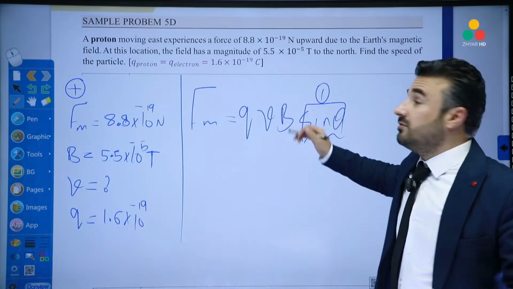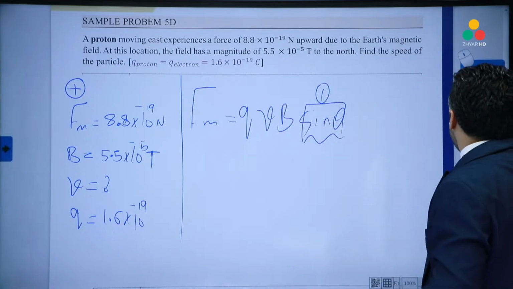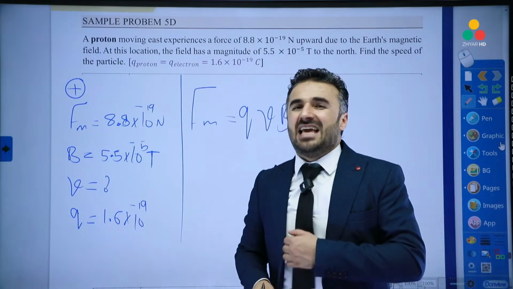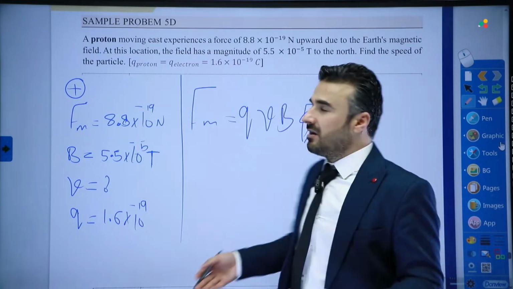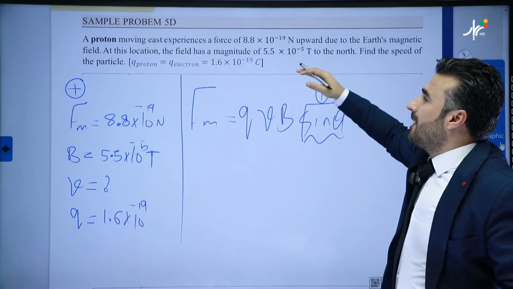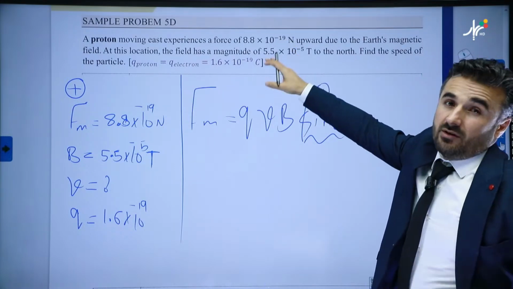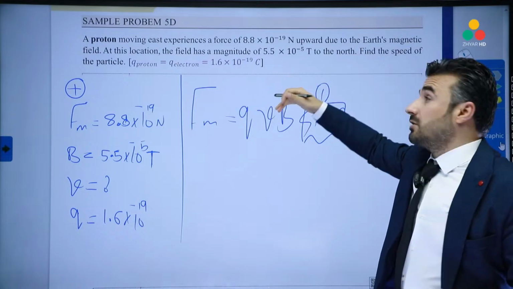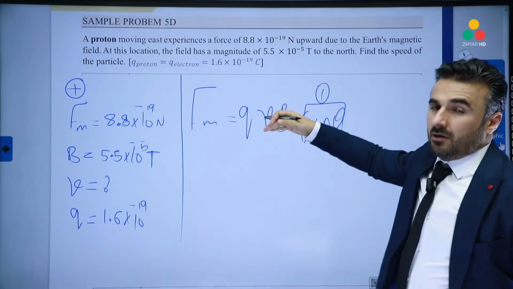That is one thing you perhaps wanted to know. But let me tell you something else. If angles are not given, that means these two are, most of the time, perpendicular to one another. It gives you enough information so that you can tell whether it is perpendicular or not, and then of course you can do your calculation.